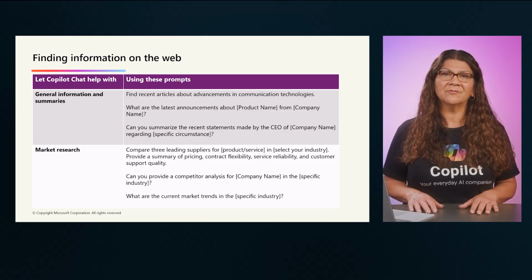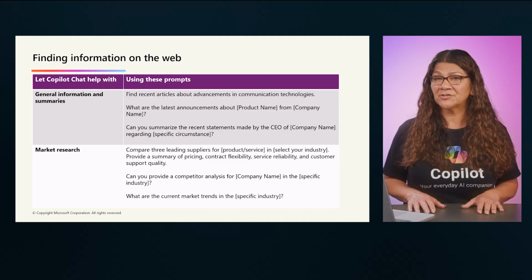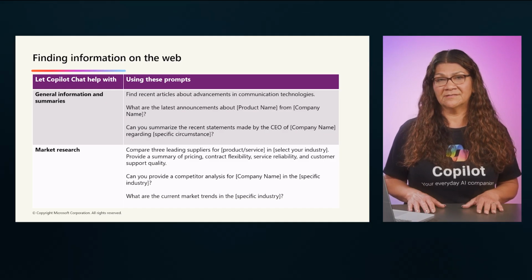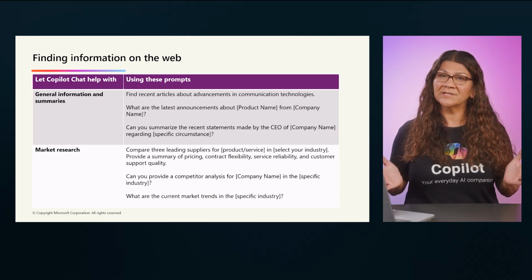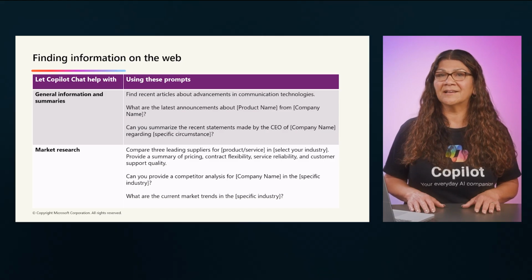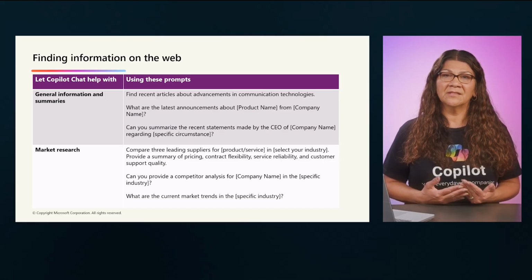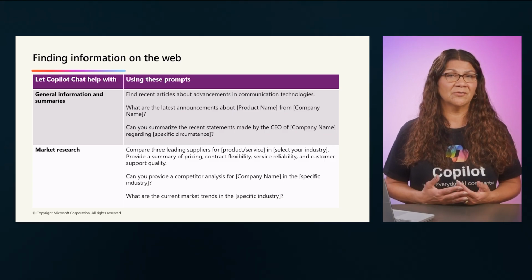This is especially helpful when you need a rapid readout on a company, upcoming features, or industry movements. A sample prompt here could be, compare these 3 suppliers, focusing on reliability and contract flexibility. This could get you the results that align better to your decision-making criteria.